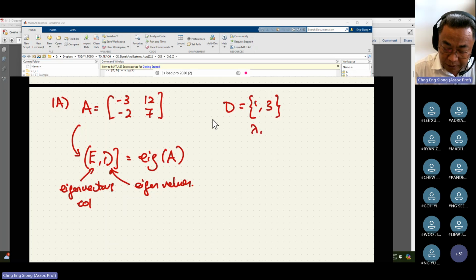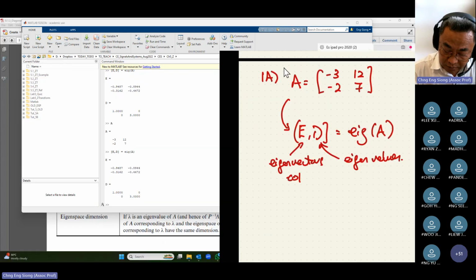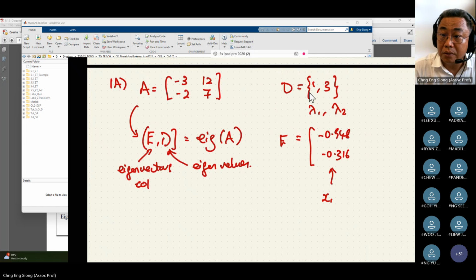Let's call them lambda 1 and lambda 2. What about E? The corresponding E has awkward values, minus 0.948 and here is minus 0.316. This one, let's call it x1, for eigenvector 1, corresponding to lambda 1.